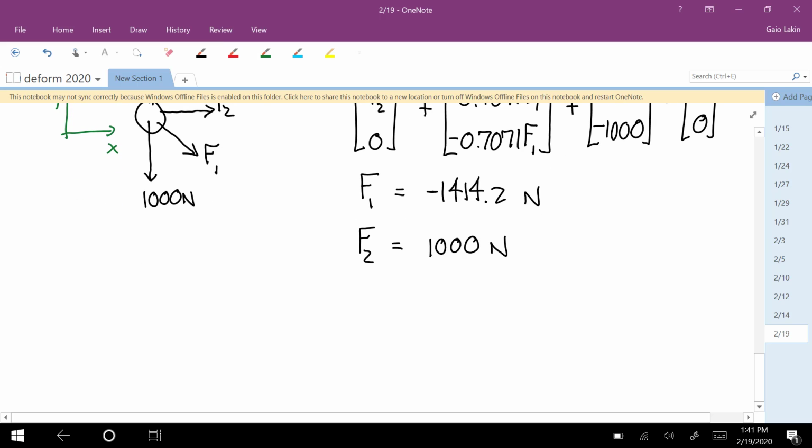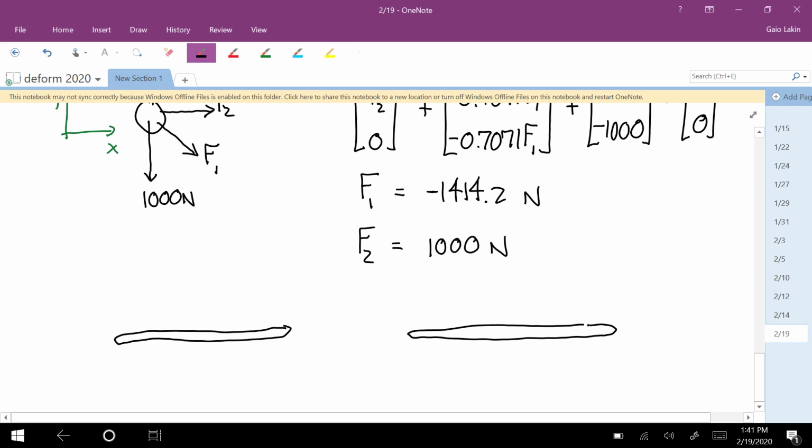Okay, so the situation is this. We have these two members. The first one is in compression. The second one's in tension.